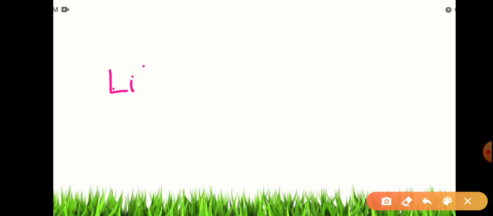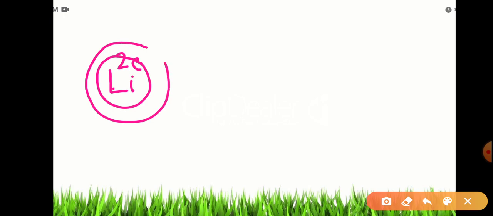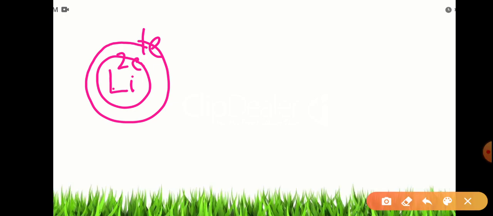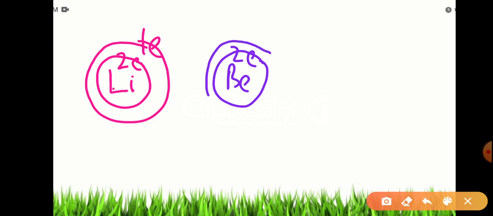This is lithium. Lithium has 2 electrons over here and 1 electron over here. Lithium has 2 shells. Now next is beryllium. Beryllium has 2 electrons over here, and 2 electrons in the next shell. Now next is boron.